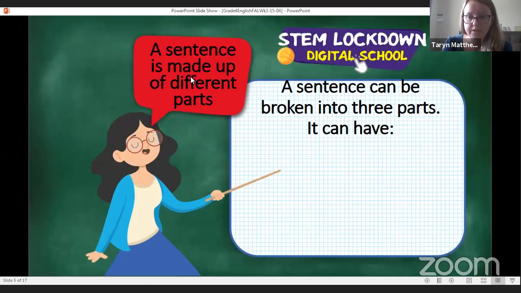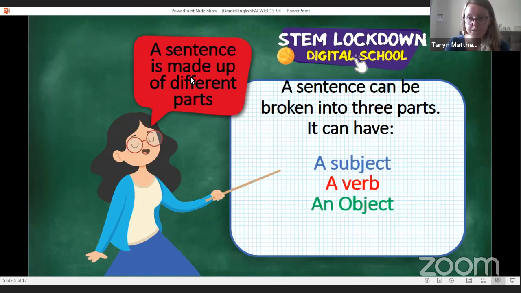So as I said, your sentence can be broken up into 3 sections. So I said it has a subject, a verb, and an object. So take note, I like to use 3 different colors for each part because it makes it a little bit easier to identify.